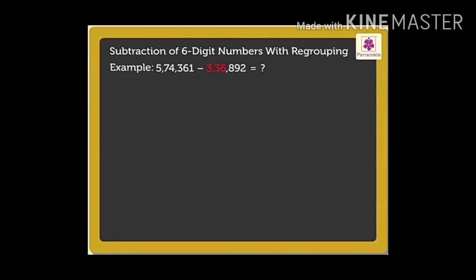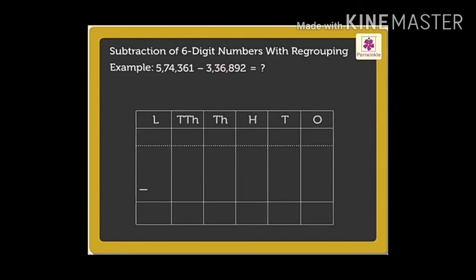When you subtract these two, we get the difference. So these numbers we have to write in the place value chart. We have to start from the ones place.